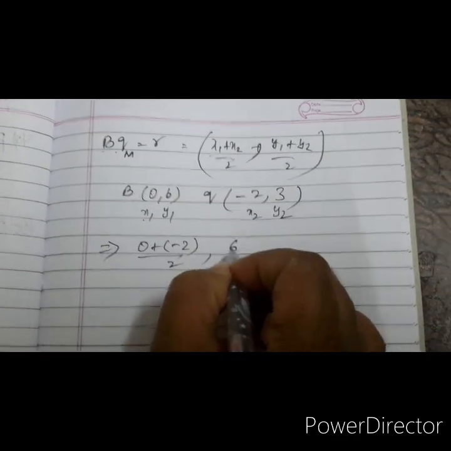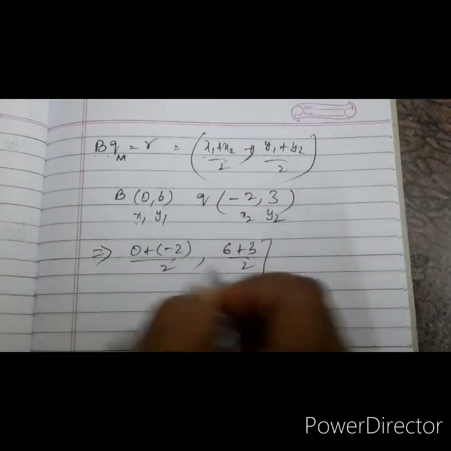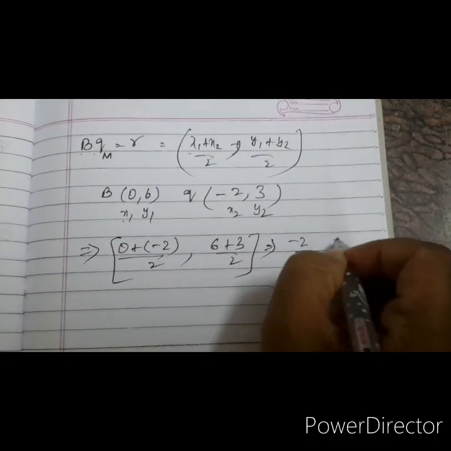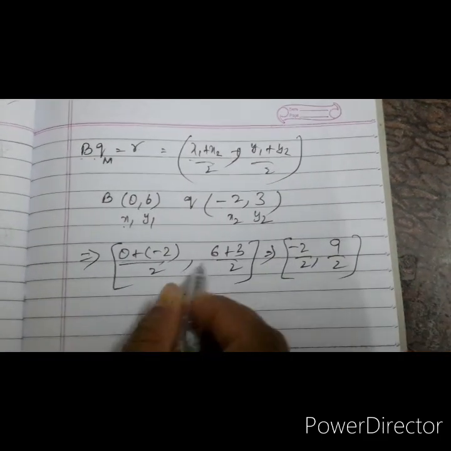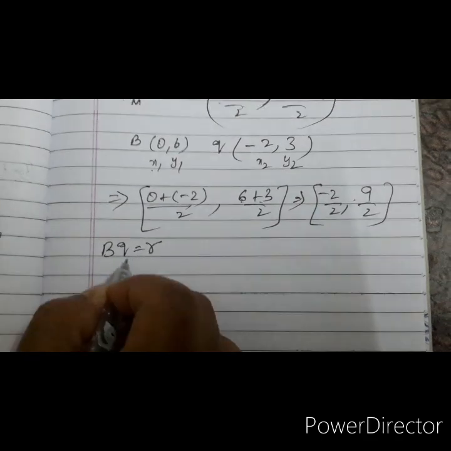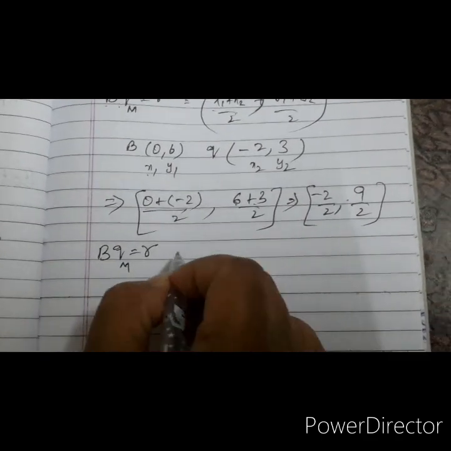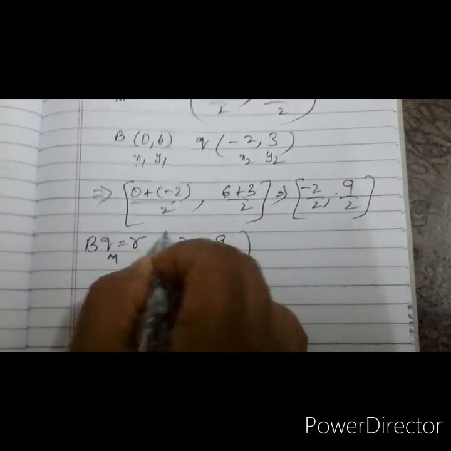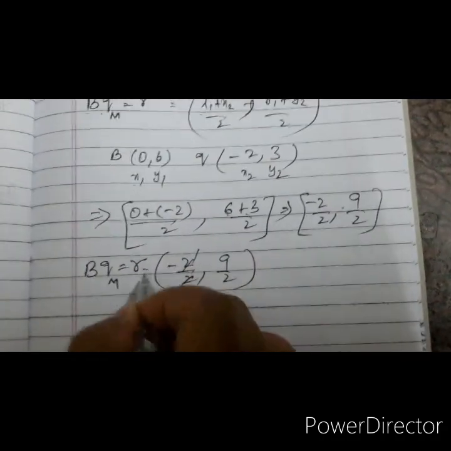y1 plus y2 by 2, 6 plus 3 by 2. That is (0 - 2)/2, 9/2. 6 plus 3 is 9. R, the midpoint of BQ, is (-2/2, 9/2). You can cancel this one.